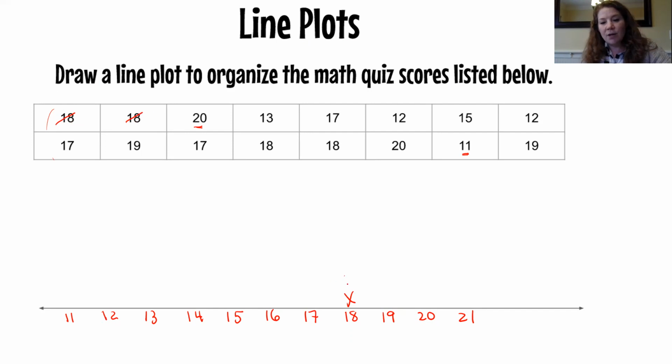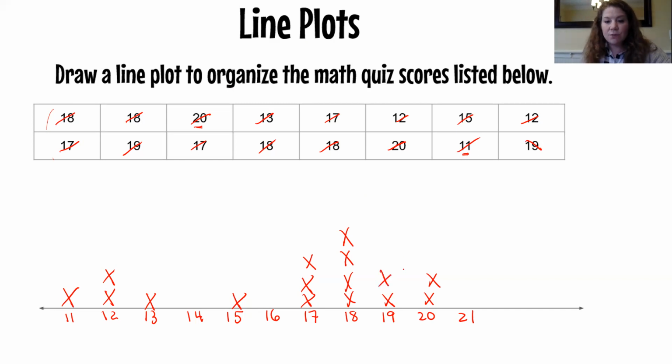And then I would mark off the digits as I write them. 20s next, 13, 17, 12, 15, 12, 17, 19, 17, and then I have two 18s, a 20, 11, and 19. All right, so the thing you want to make sure you do is you didn't skip a number.